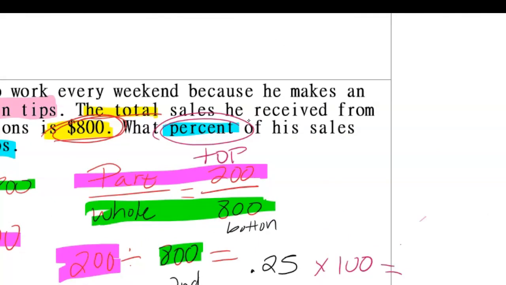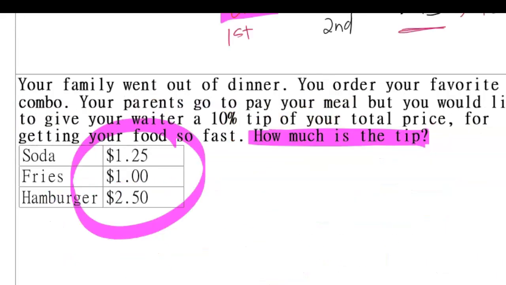Put it in calculator, see what you guys get. So it should roughly be 25%. That's it. So 25% of that $800 was the $200 of tip.